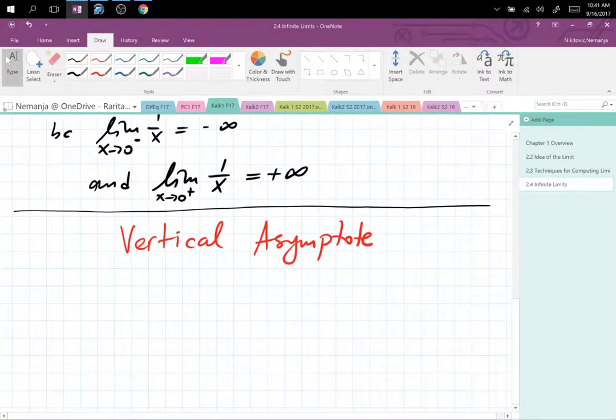What do we have for this vertical asymptote here? Well, a vertical asymptote is that vertical line that the function cannot cross. And that vertical line also is a break in the domain of the function. It's extremely important.